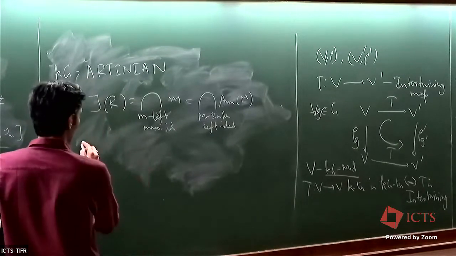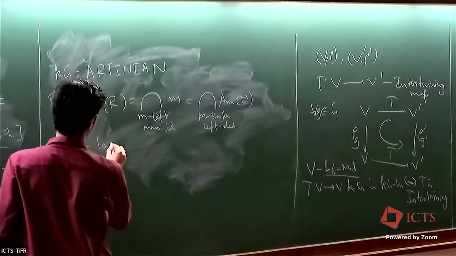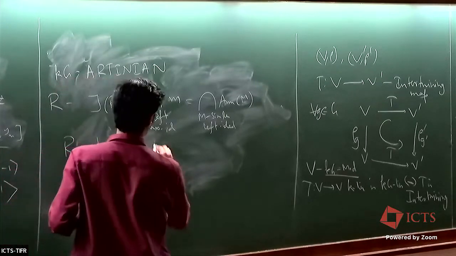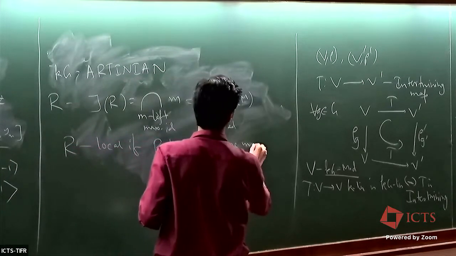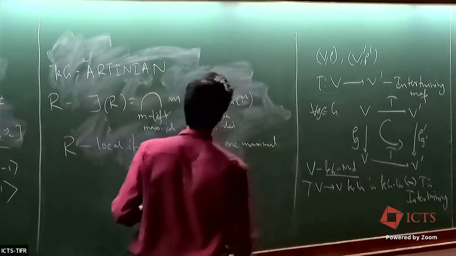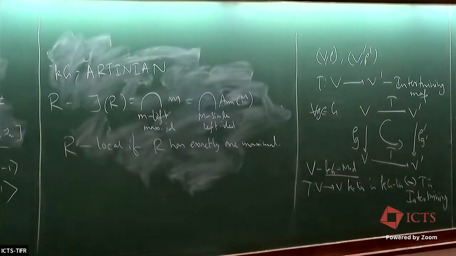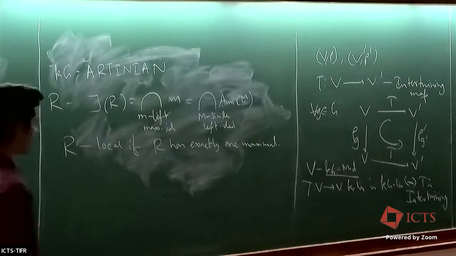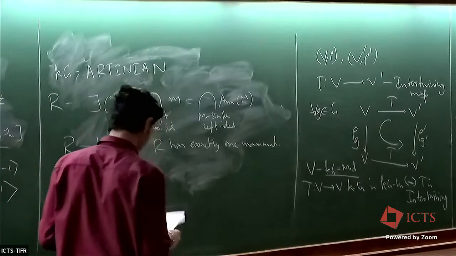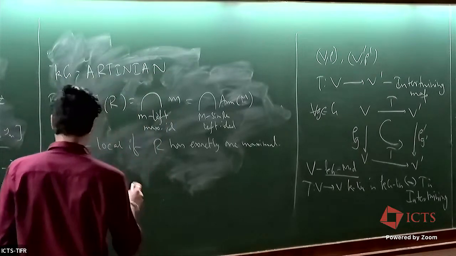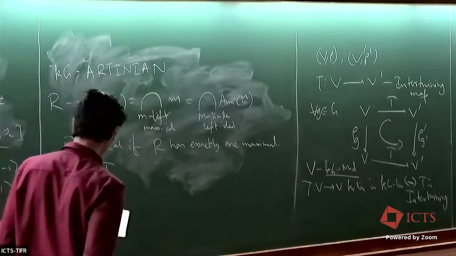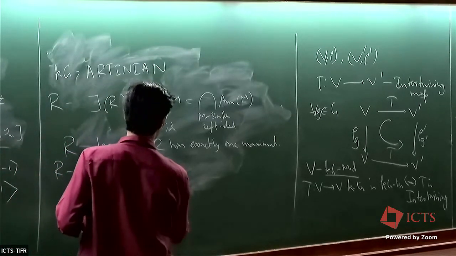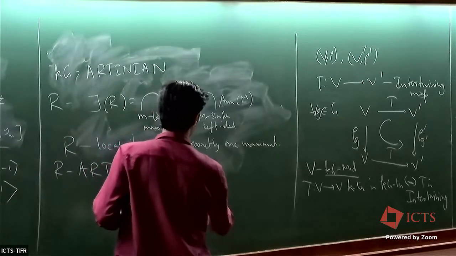Okay, and R is local if R has exactly one maximal ideal. It doesn't matter left or right, because in view of the Jacobson radical, if it has one left maximal ideal, this is equivalent to saying it has one right maximal ideal. Same for two-sided. Okay. So for an Artinian ring, if R is Artinian, this Jacobson radical is the largest nilpotent ideal.